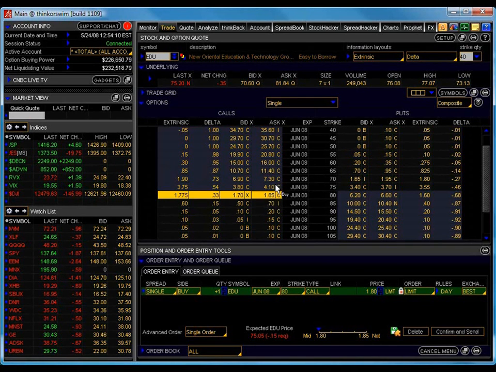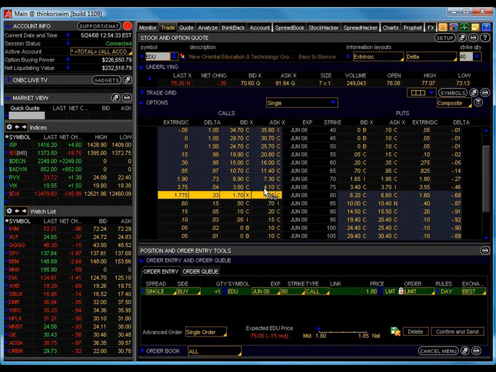If it goes up $5, the stock will be at $80 instead of $75. Then that option will go $5 further into the money.